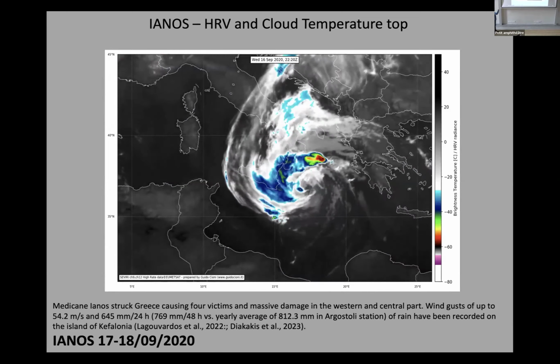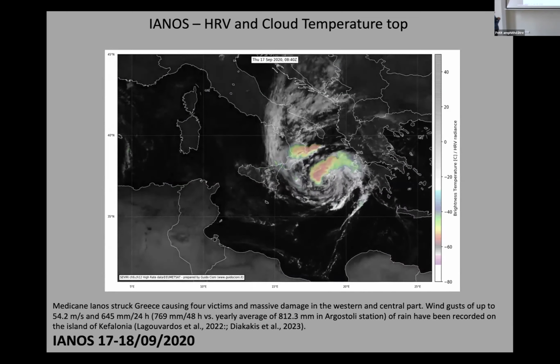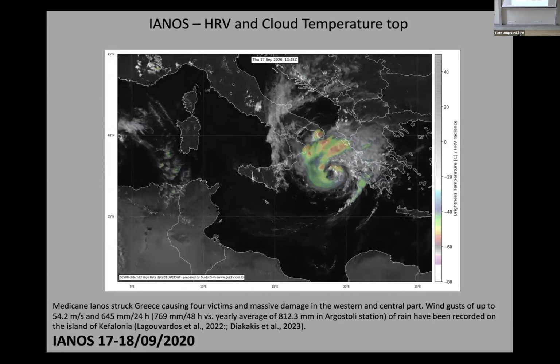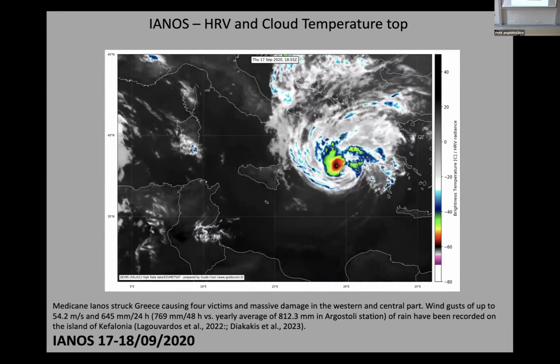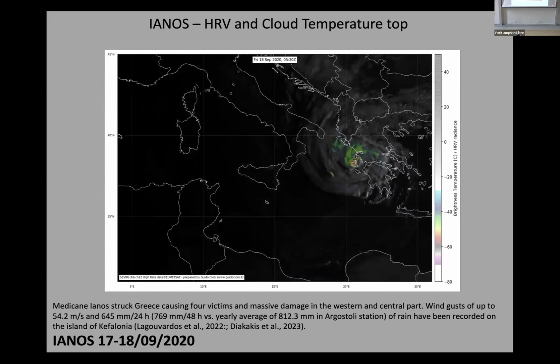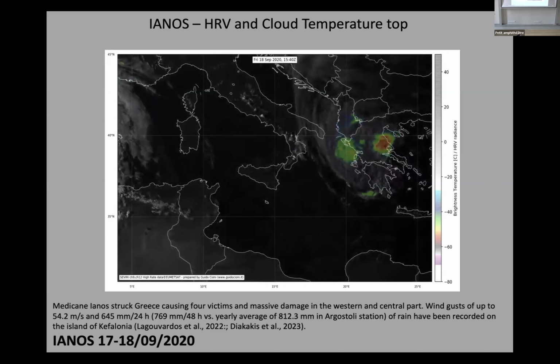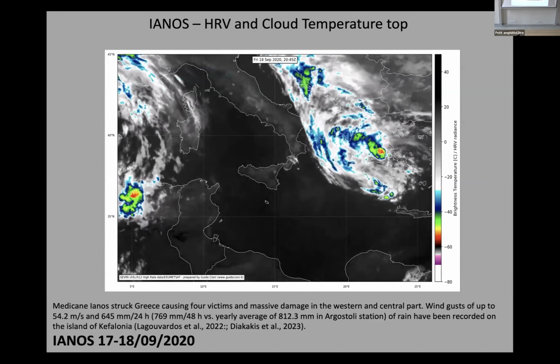Then you see that the cyclone progressively moves eastward, reinforced by the interaction with the jet stream at that time, and then the very strong impact on Greece, where in some stations there was recorded almost the precipitation of 1 year in just 48 hours.